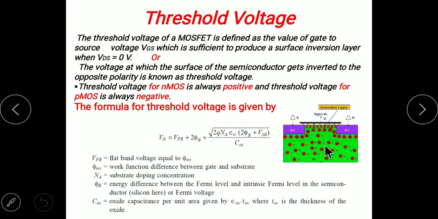Then only these positive holes will be attracted towards this region, hence they can form a positively charged layer. So that's why you should apply negative gate voltage in a PMOS transistor, and this is the threshold voltage expression.